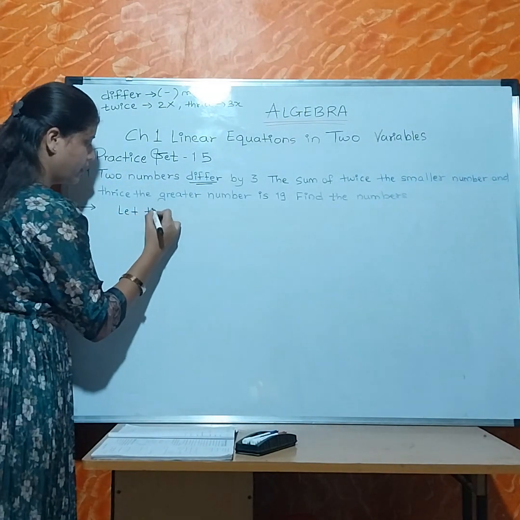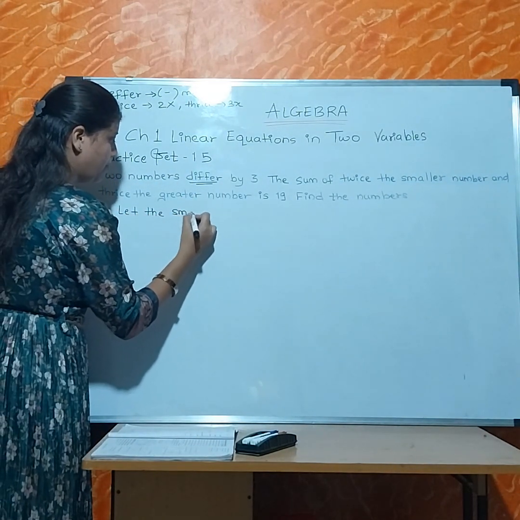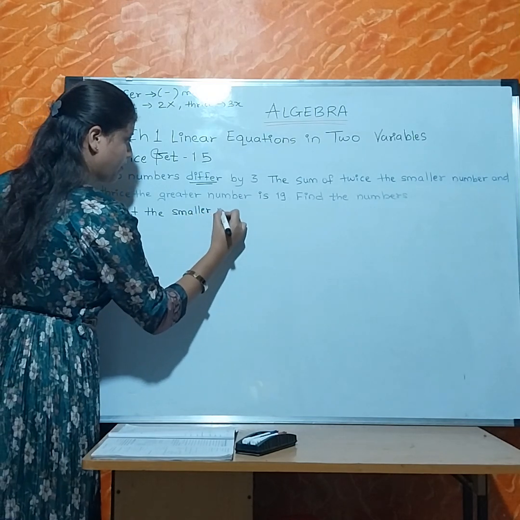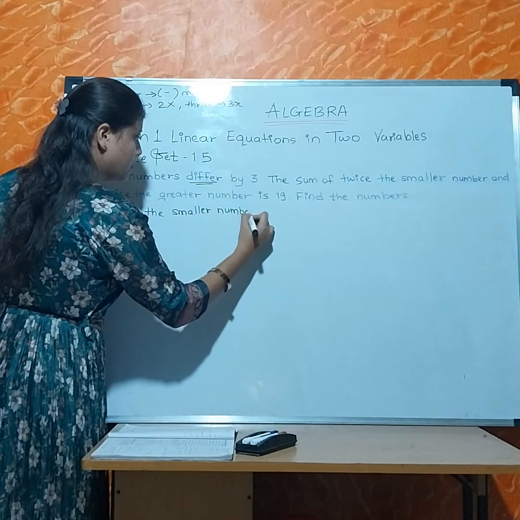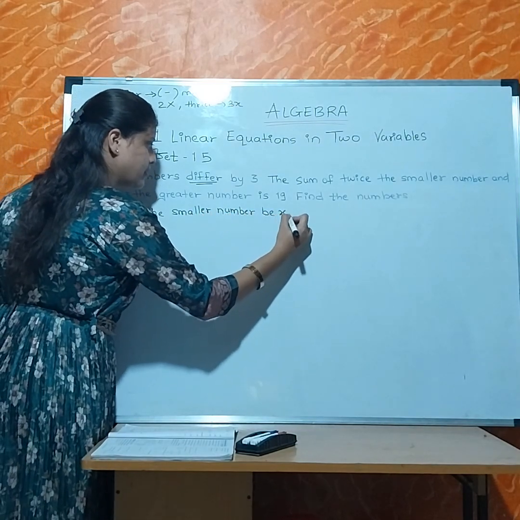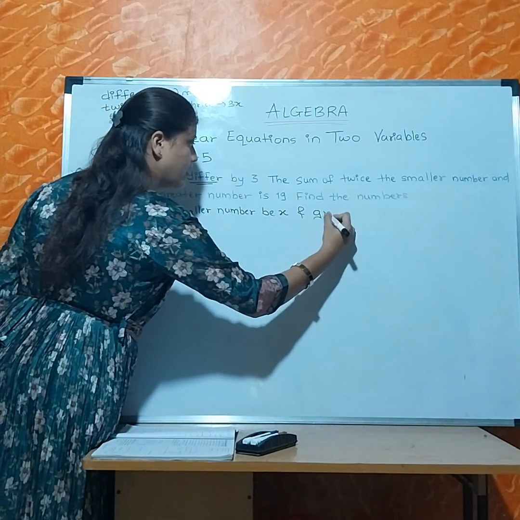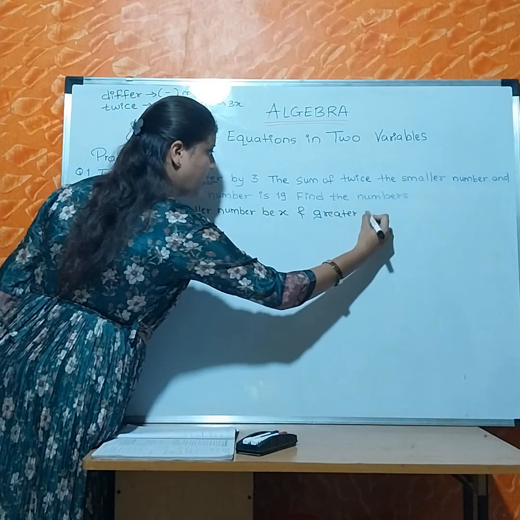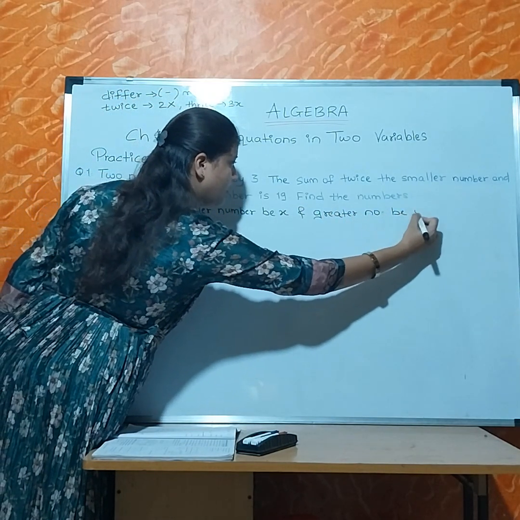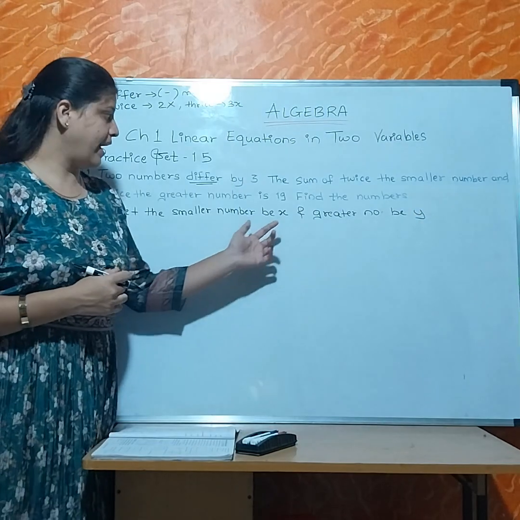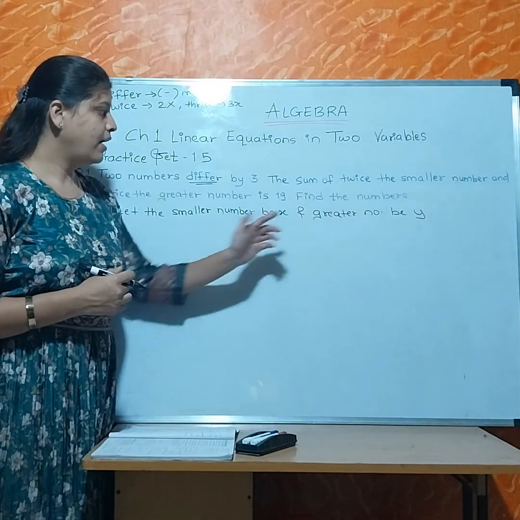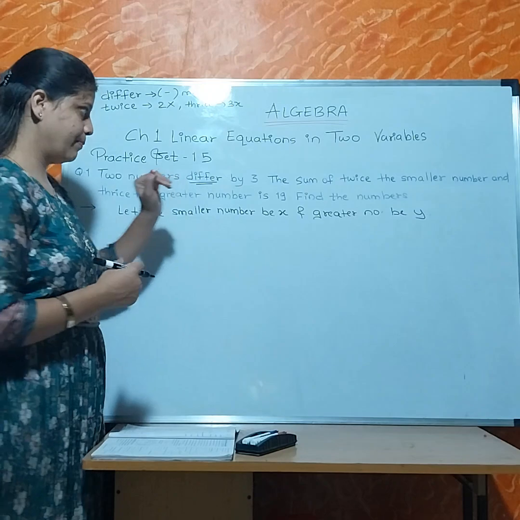Let the smaller number be x and the greater number be y. See, we have assumed x for the smaller number and y for the greater number.